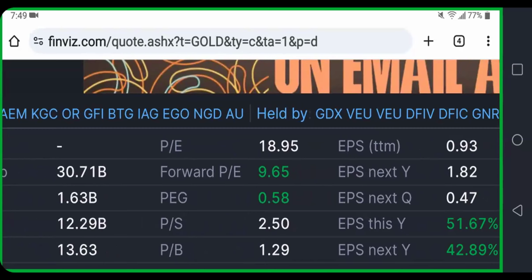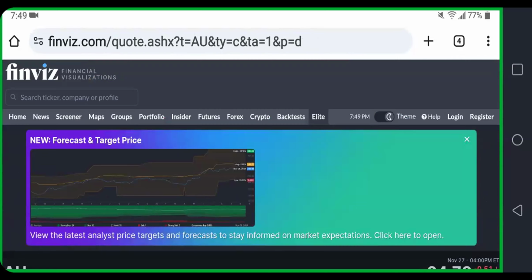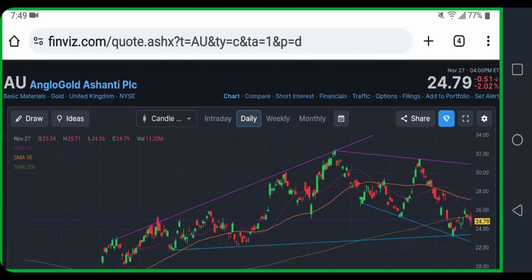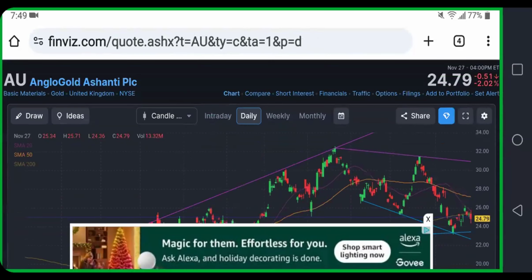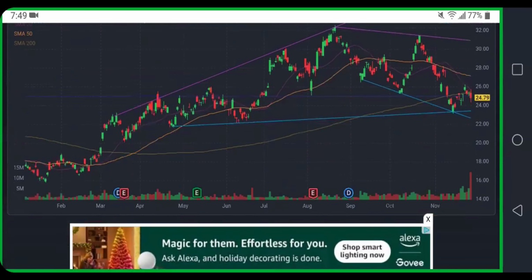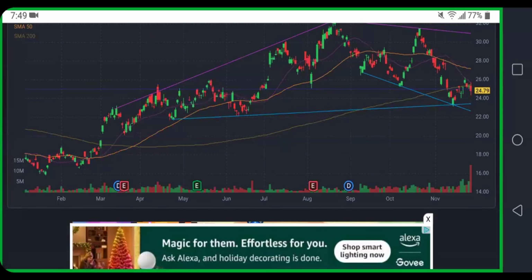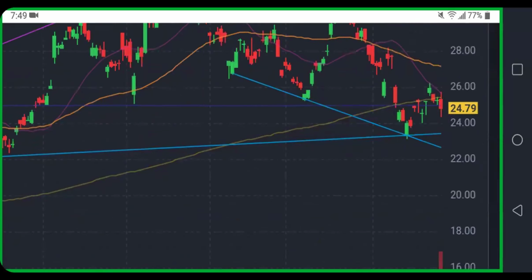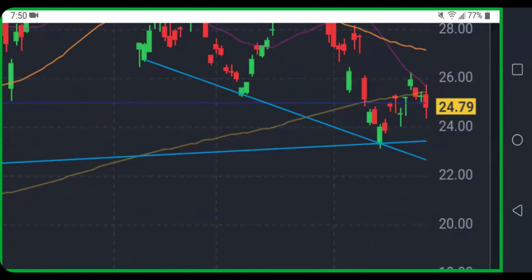For example, let's touch one of these, AU, Anglo Gold. Now you see that this one is also trading under the 200 days.